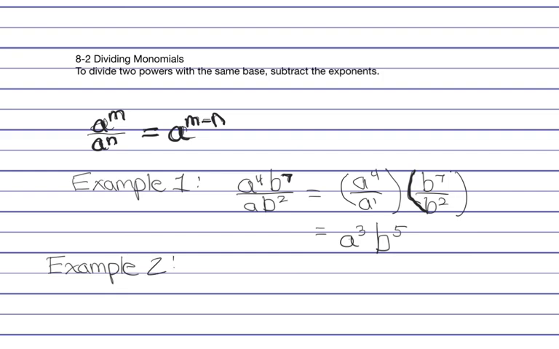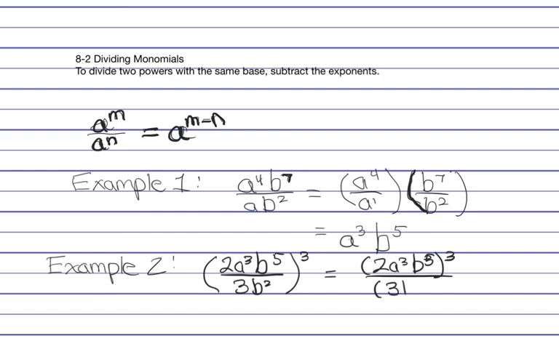So in this example, we're going to have 2a cubed b to the 5th over 3b squared, and then we're going to raise the entire thing to the 3rd power. There are different approaches you can take with this, but one approach would be to say, I'm going to raise the numerator to the 3rd power, and I'm also going to raise the denominator to the 3rd power.